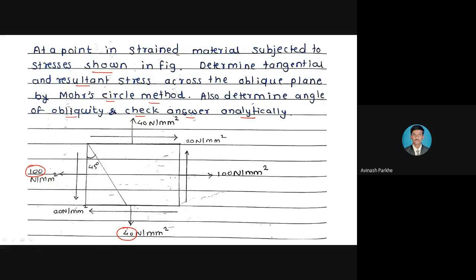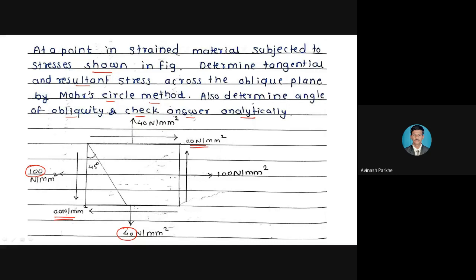According to their direction, both are tensile. One more stress is applied, which is called a shear stress, 20 Newton per mm square, parallel to the planes. So this is a problem based on case number 3.